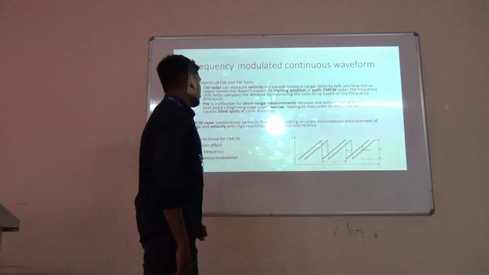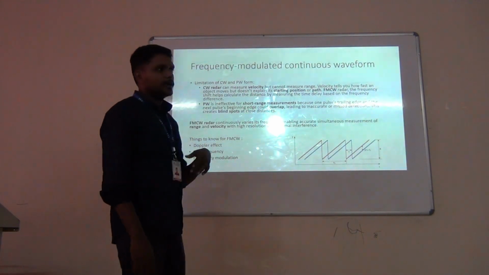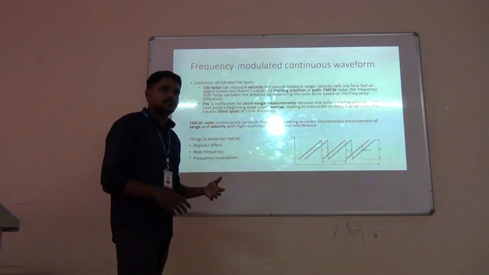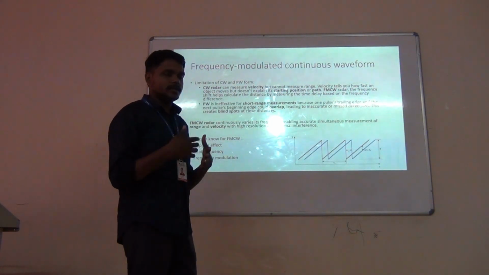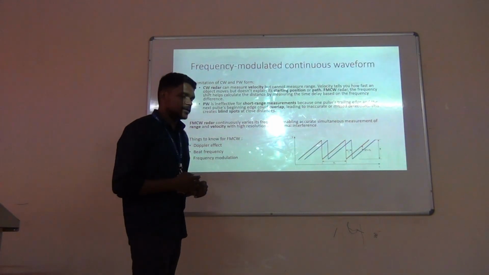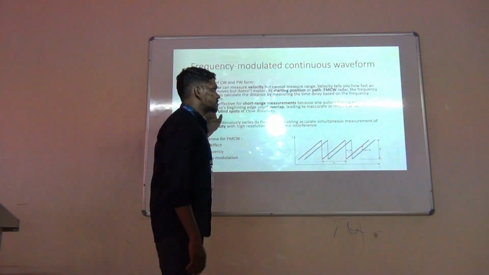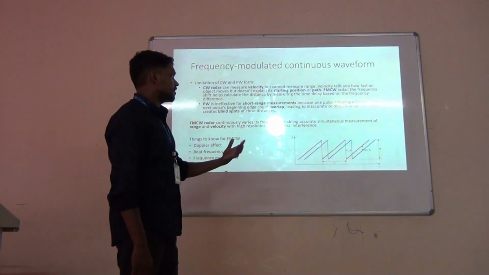Then let's see why a pulsed waveform cannot be used, because with a pulsed waveform, both the distance and the velocity can also be measured. So let's see why this cannot be used. A pulse waveform is ineffective for shorter range measurements.